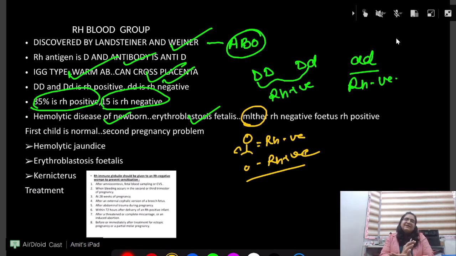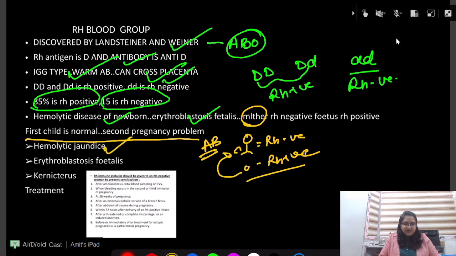What happens, especially during parturition, is the mother is sensitized, so the mother develops antibodies to the Rh antigen. In the second pregnancy, these antibodies can travel through the placenta and kill the baby, causing erythroblastosis fetalis. So the first child is normal, though it may cause hemolytic jaundice.